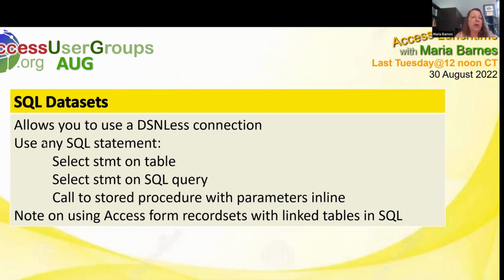All right, so you can also use SQL datasets, and that allows you to use something called a DSNless connection. So I want to talk a little bit about that. There's a couple pieces of that.